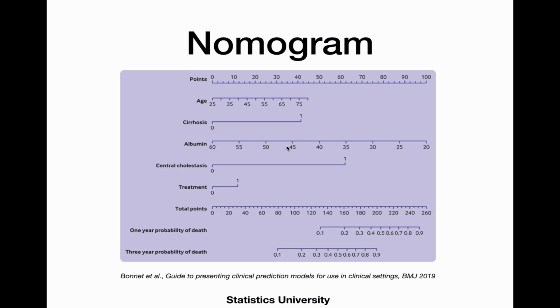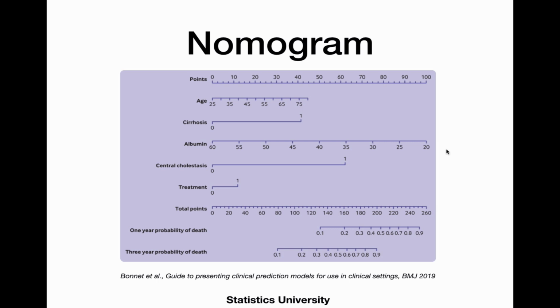And we do this for all the variables and then add up the number of points to get the total number of points. And for example, if we say we end up with a total of 160 points, we can read off the outcomes in these rulers below and see that a patient has a 0.2 1 year probability of death and a 0.58 probability of death at 3 years.